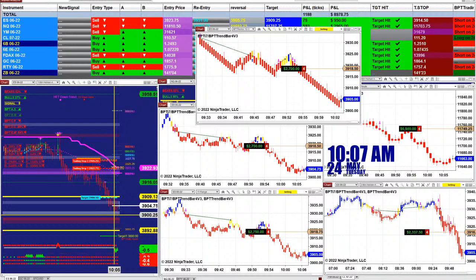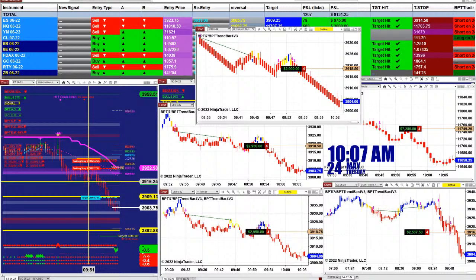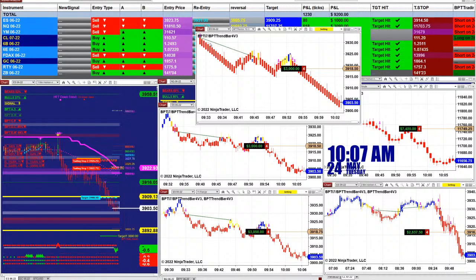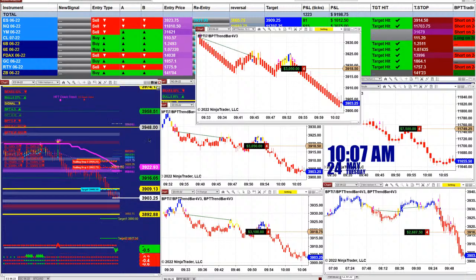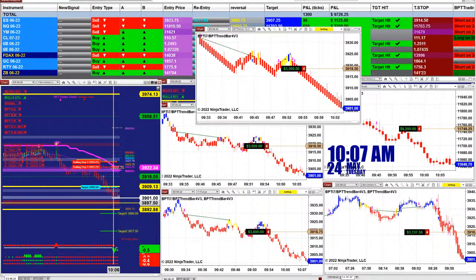Whoever took those trades before is finished. So I very seriously doubt the ES is able to break the support area here.